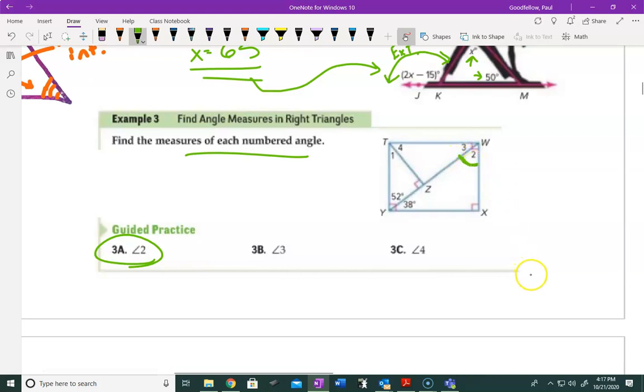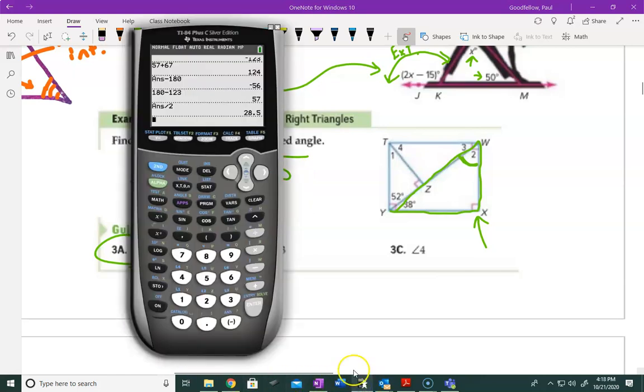Well, I think angle 2 is part of a larger triangle right here. We know that triangles should definitely add to 180. 38 plus 90, that's this guy right here, plus angle 2 should add up to 180 degrees. That's the Triangle Sum Theorem like we learned up above.